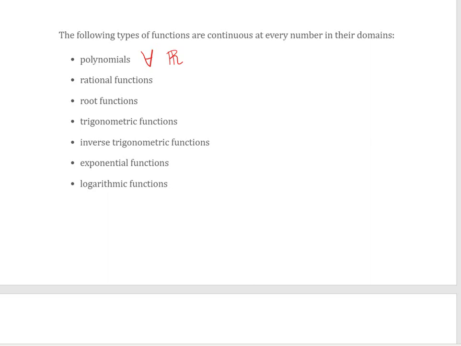Rational functions are continuous for every number in their domain. An example would be x divided by x minus 4, which is continuous everywhere. But what's the one number I'm not allowed to plug into this? It's going to be continuous except at that very special spot where x equals 4.